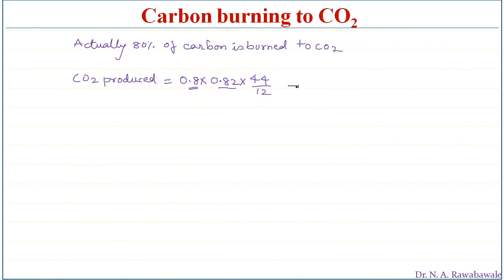So the mass of CO2 produced is 2.403 kg by combustion of this 1 kg of fuel. If we burn 1 kg of the given fuel, it produces 2.043 kg of carbon dioxide.